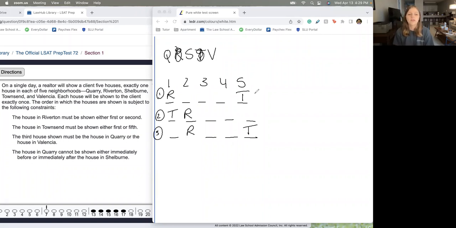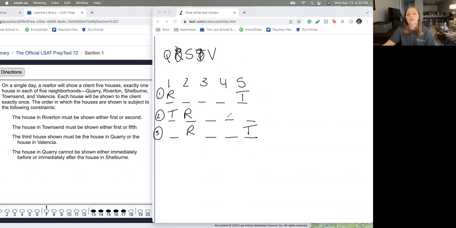So the next one says the third house shown must be the house in Q or the house in V. Okay. For this rule, you can write it out to the side if you want. This is another rule where I can kind of just write something in there. For the sake of it, because it's talking about the two variables of 3 that I have left over, I have a feeling that considering I have 1 more rule left, something is going to force whether it be Q or V in there.